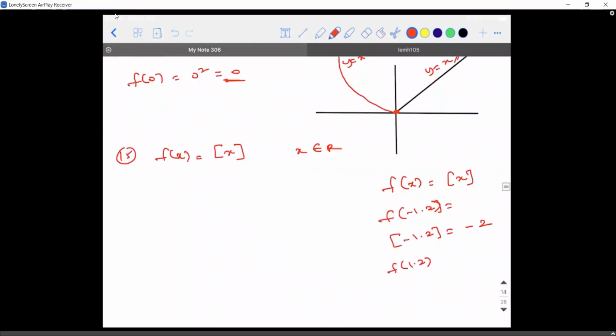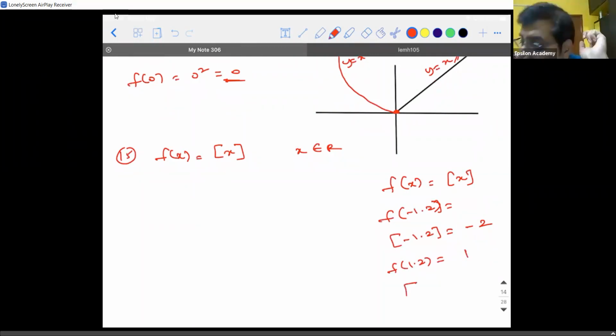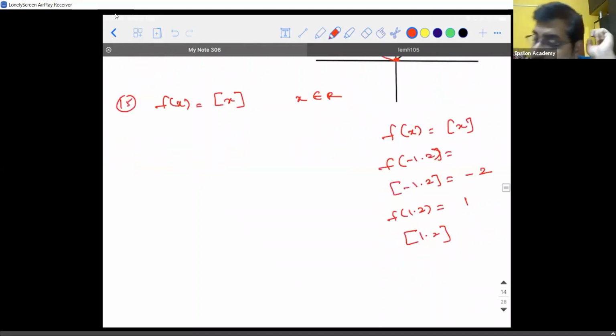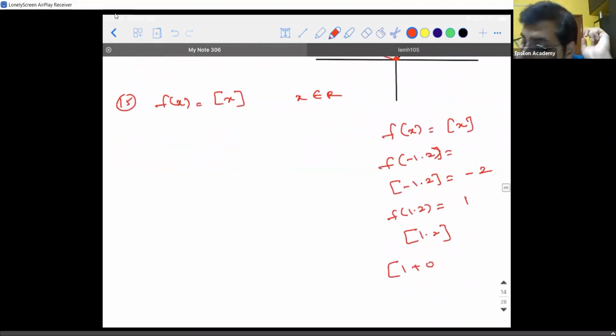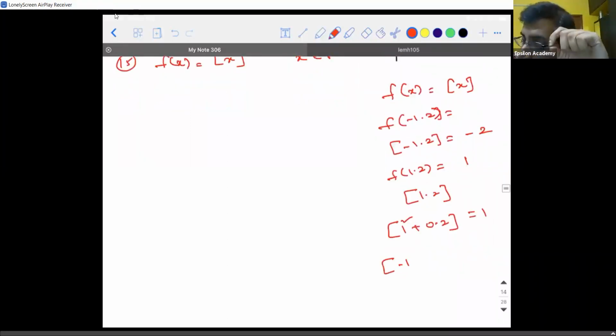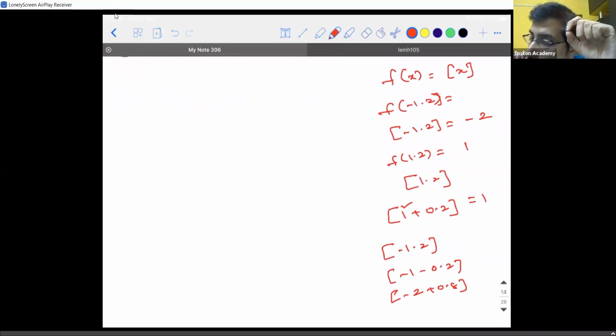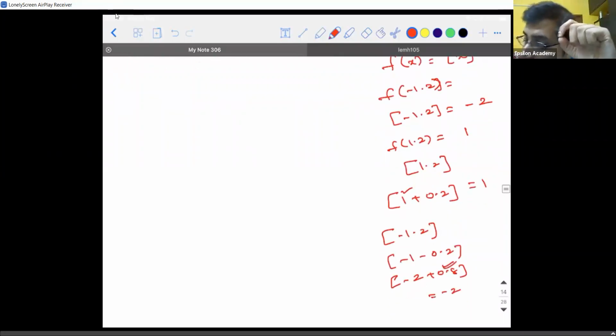So f of 1.2 is 1, because the greatest integer of 1.2, as I already explained, is found by writing the number as integer value plus fraction value. What is the greatest integer in it? 1. Similarly, minus 1.2 you can write as minus 1 minus 0.2 or minus 2 plus 0.8. So the answer will be minus 2 because the fractional part always has to be positive.